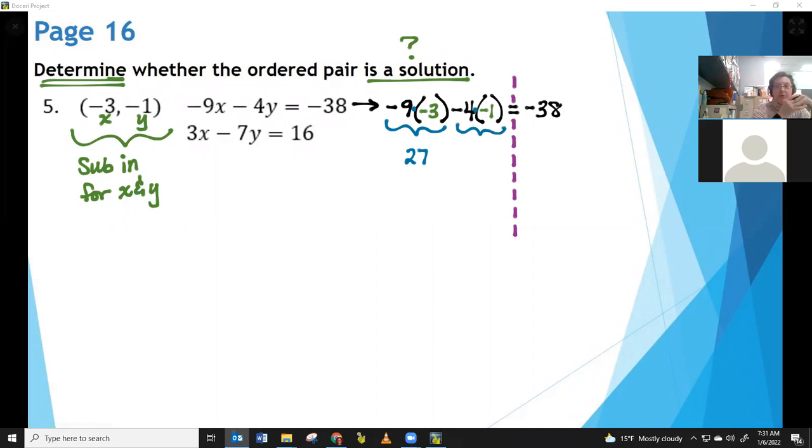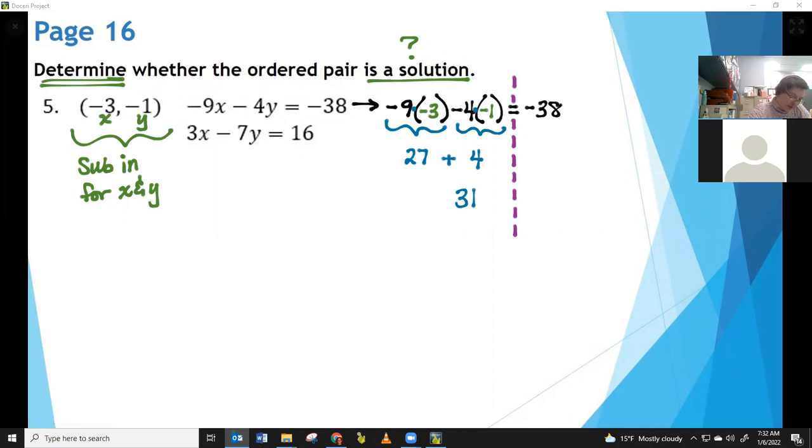What do I get when I multiply those together? 4. Is that going to be a positive 4 or a -4? Positive. So that means I have a plus sign in between these two instead of a minus. What is 27 plus 4? 31. Thank you, Griffin.